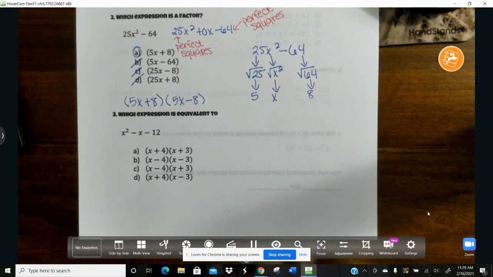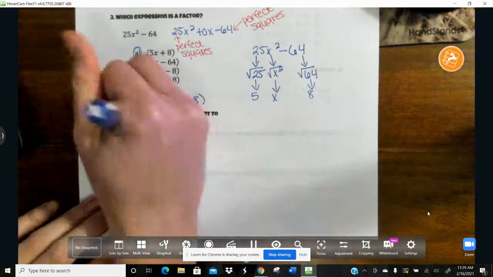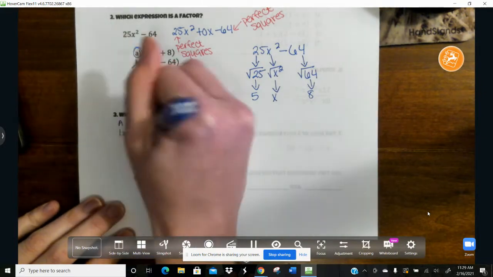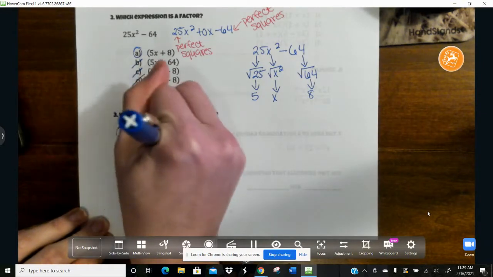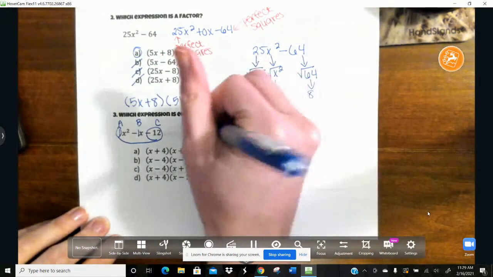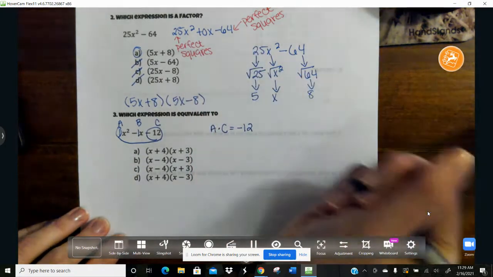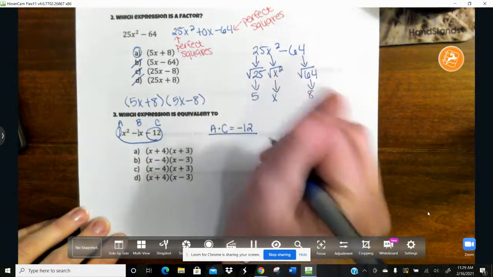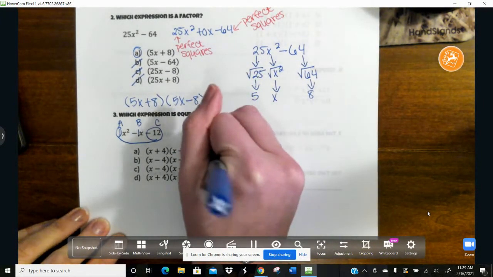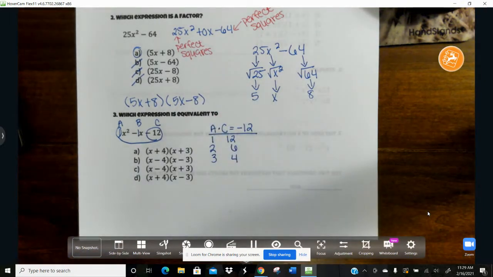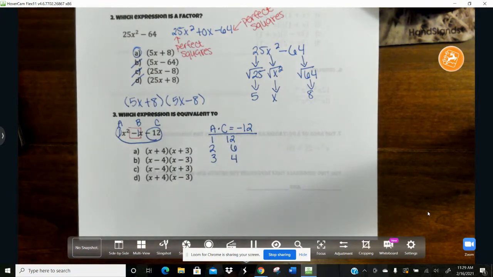Okay, which expression is equivalent? So I'm going to go ahead and put the 1 where I need them. Label it A, B, C. So I'm going to multiply A times C. And I get negative 12. So I get 1 and 12, 2 and 6, 3 and 4. I'm adding to get a negative 1.